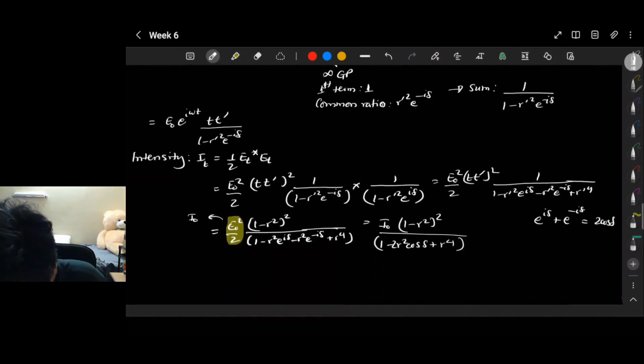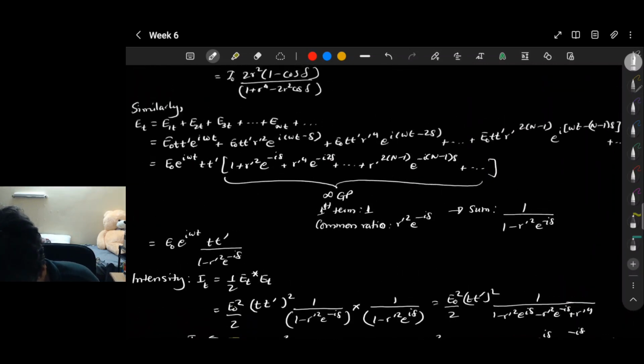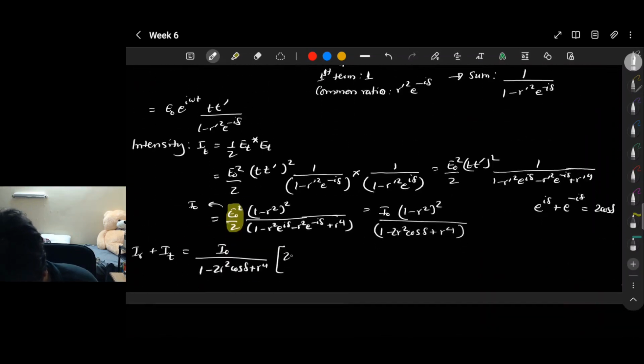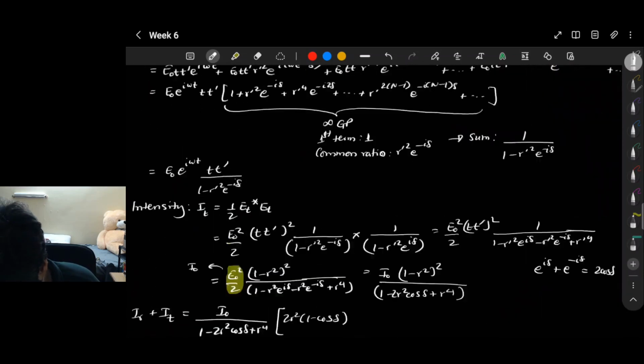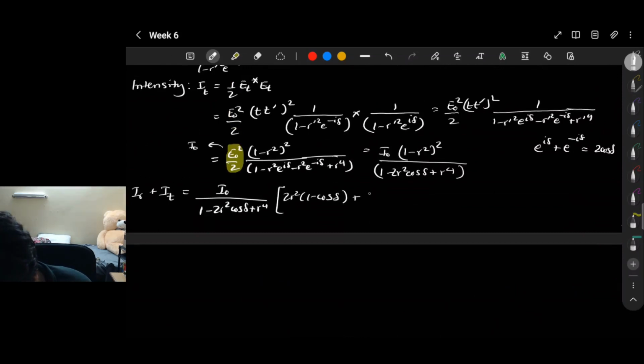Okay, now we can see that if I do IR plus IT, then the denominator is the same for both. Numerator: this is the numerator.